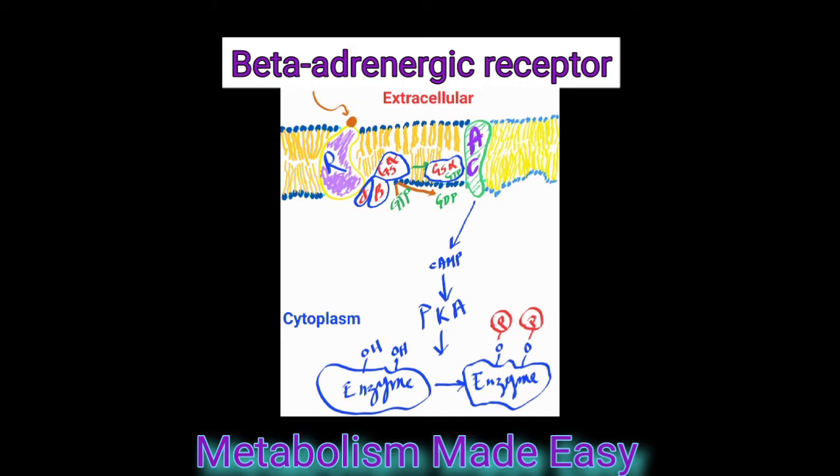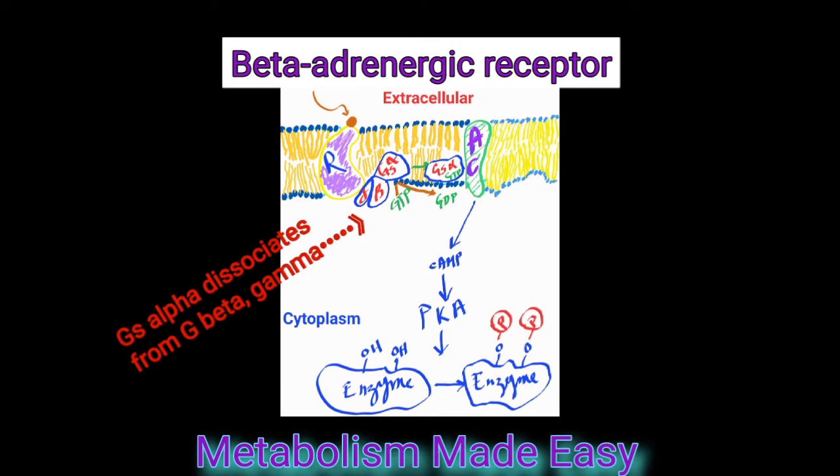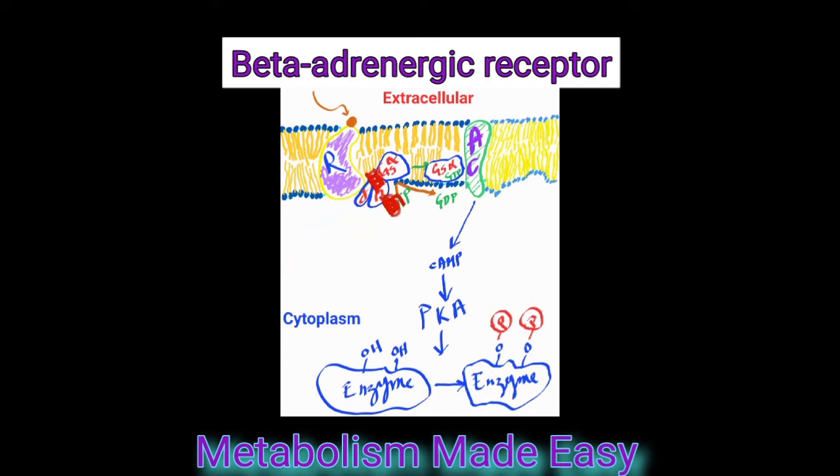Upon activation of the beta-adrenergic receptor by epinephrine or norepinephrine, the activated receptor associates with the trimeric Gs alpha beta gamma subunits and leads to the dissociation of the beta gamma subunit from the Gs alpha subunit, followed by the exchange of the GDP bound to Gs alpha by GTP.